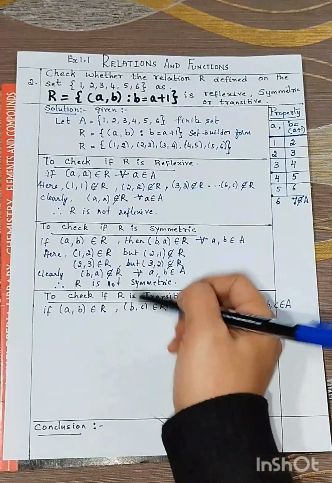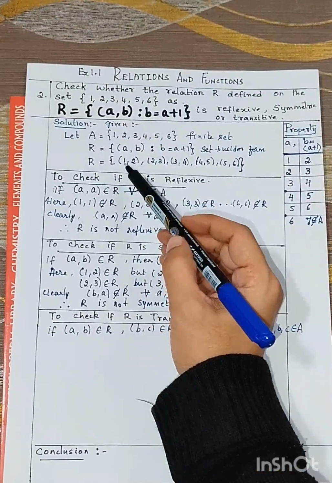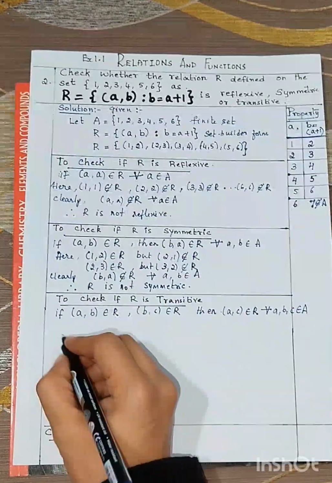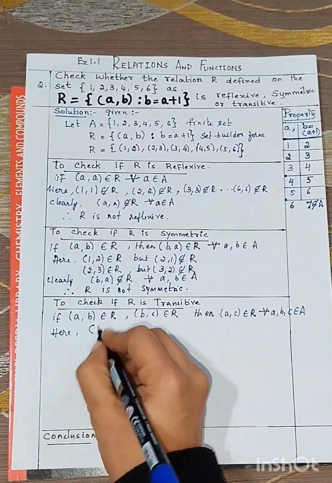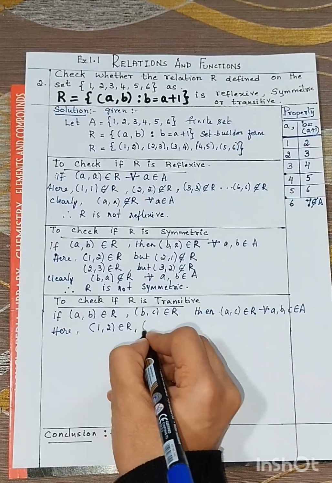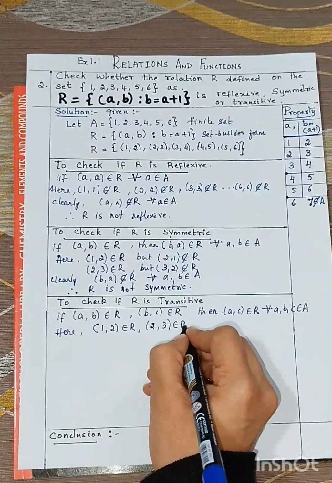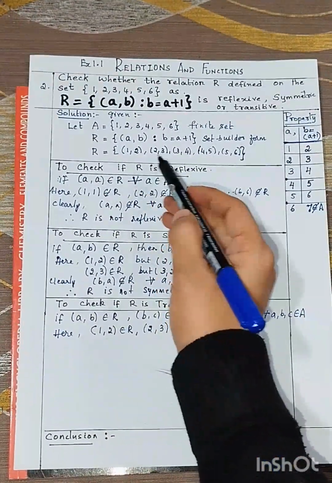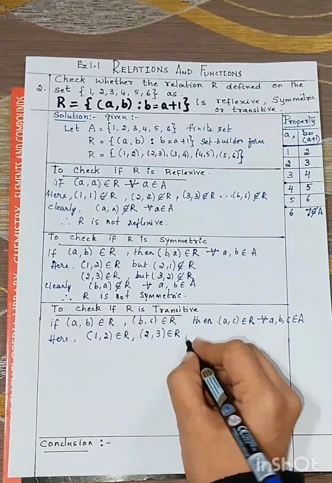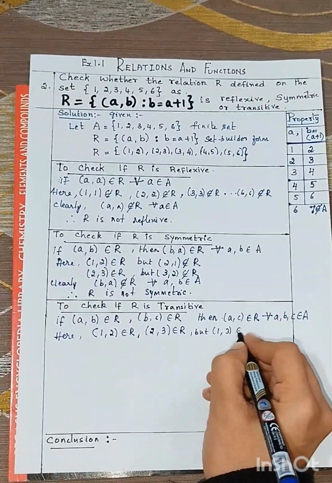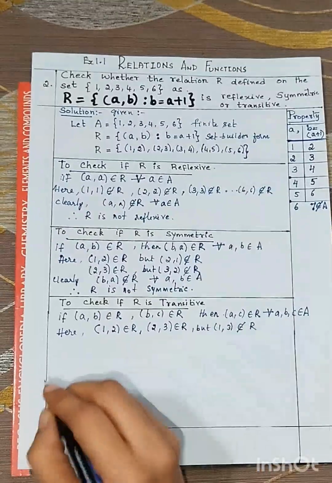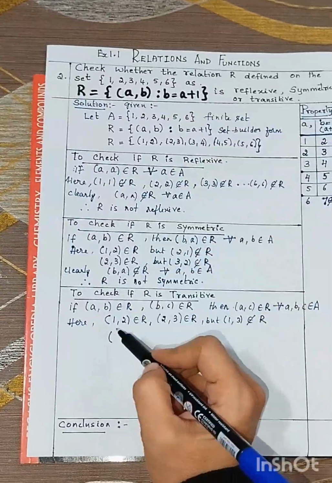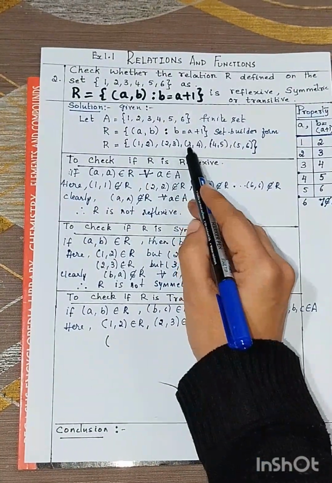So do we find any ordered pairs in this format? If you observe here, this is (a, b), (b, c), right? So here (1, 2) belongs to R, (2, 3) belongs to R. But do we find (1, 3) here? We don't find (1, 3) here. So (1, 3) does not belong to R. We'll take one more because we can find another pair in this format, (2, 3) and (3, 4).